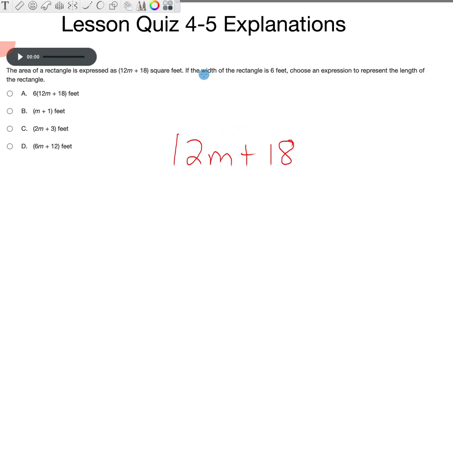In this problem, they tell me the width of the rectangle is 6. So that means one of the sides of the rectangle is a 6. So what that means is 6 times something is equal to 12m plus 18. This is my width. So that means whatever's in there is my length.